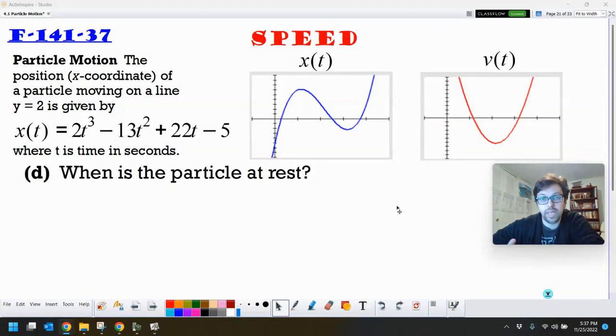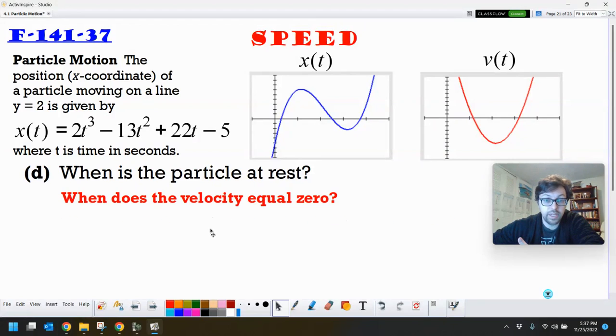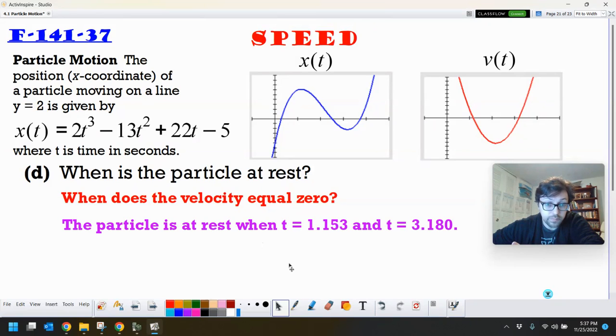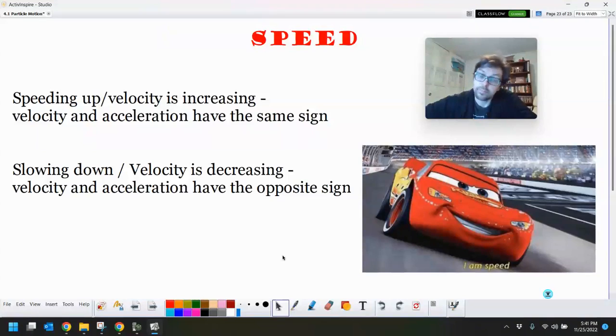And if you're taking the absolute value of 0, it's still 0. So you don't have to worry about speed for at rest. It's just asking when is the velocity equal to 0. And those are at those same 2 points that we've kind of been talking about where the velocity hits the x-axis.